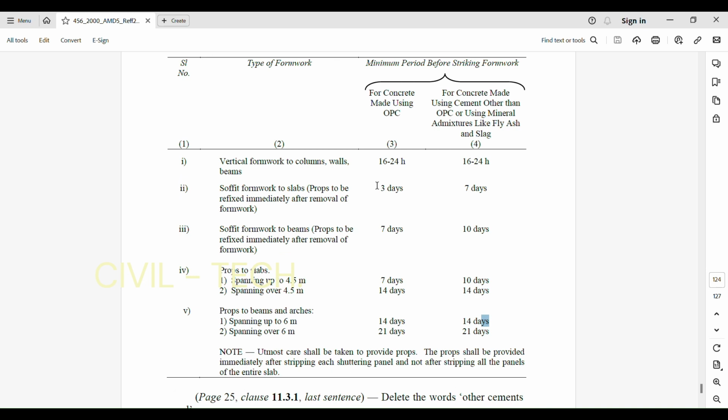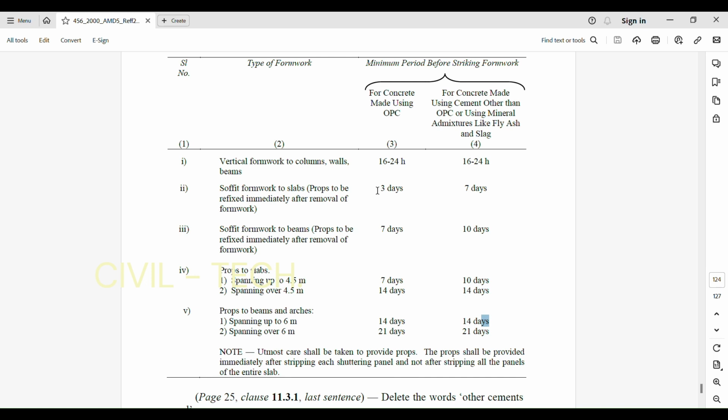Meanwhile, this table column perfectly matches the conventional shuttering systems. But nowadays we are using table formwork, pre-stressed concrete, aluminum formwork, or monolithic concreting systems. These are all systems having different striking formwork periods.